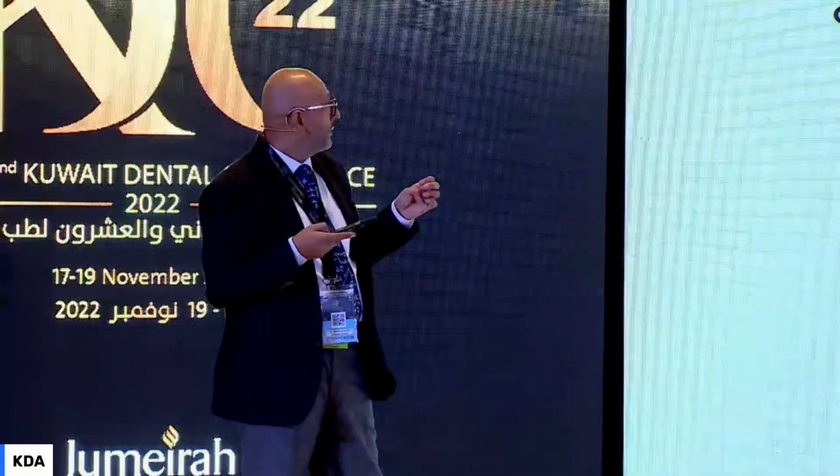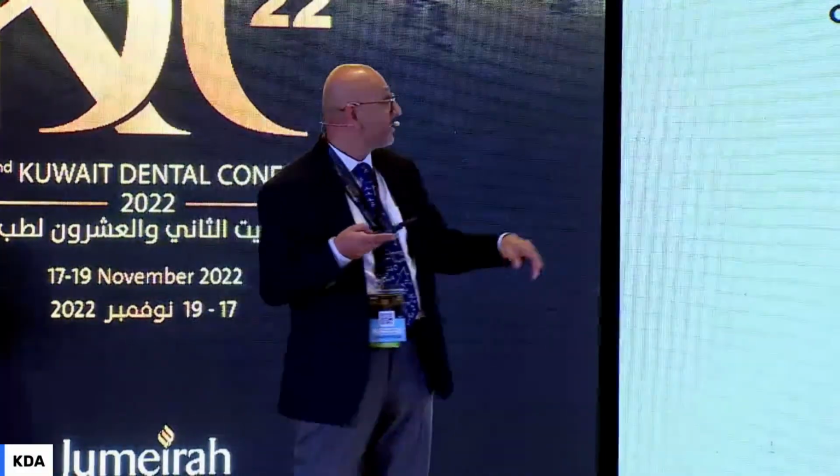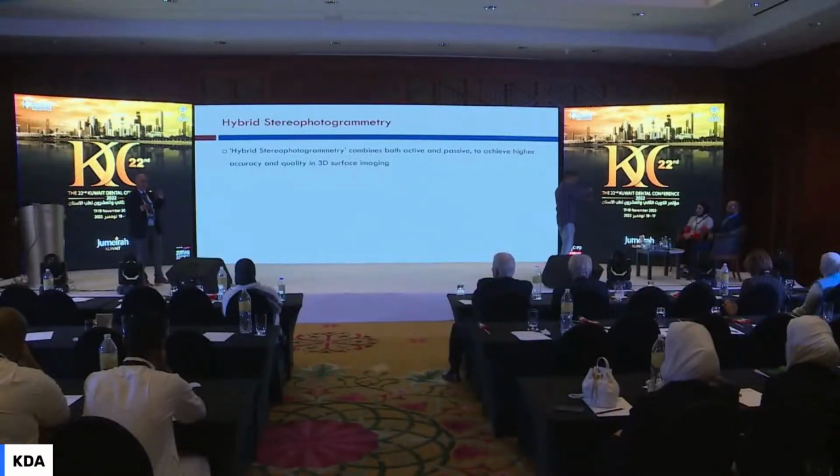So many technologies are coming up in the past few years. The best technology that is available right now for us is the hybrid stereophotogrammetry, in which you have multiple cameras taking multiple high-resolution images. At the same time, you have a light source that is projecting a pattern, and at the same time, it gets passively recorded by the cameras.